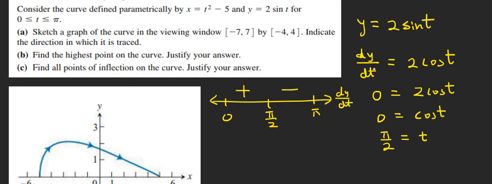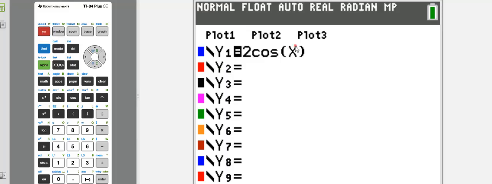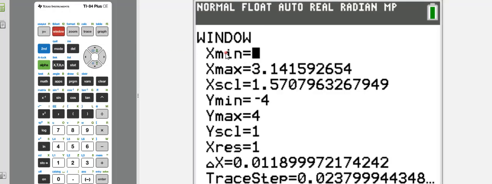Another way of looking at it is you could use a graphing calculator. You could draw 2 cosine t. So using a graphing calculator, we're going to graph 2 cosine of x. And notice, it's no longer parametric. I'm using function as my mode. And I'm going to go to window.